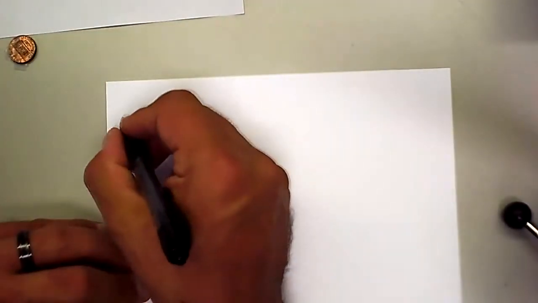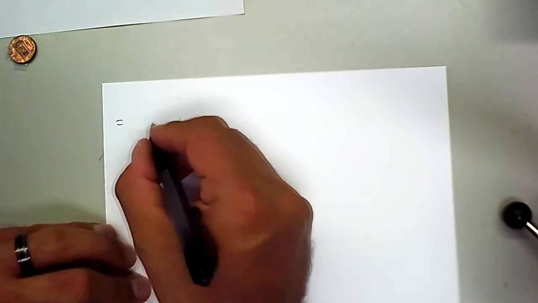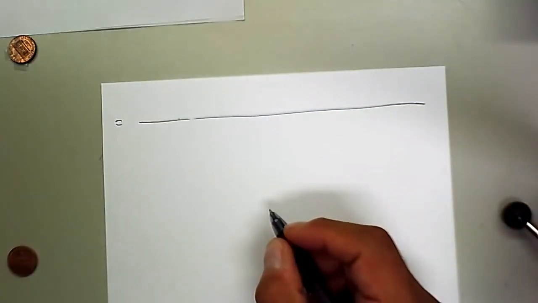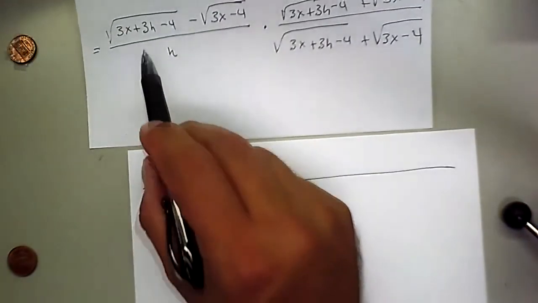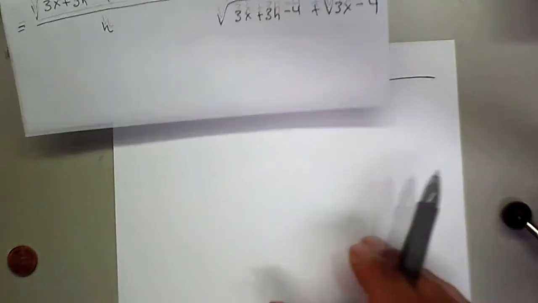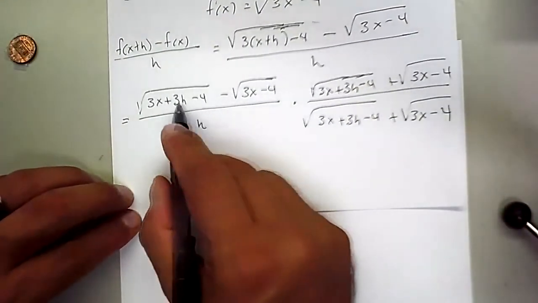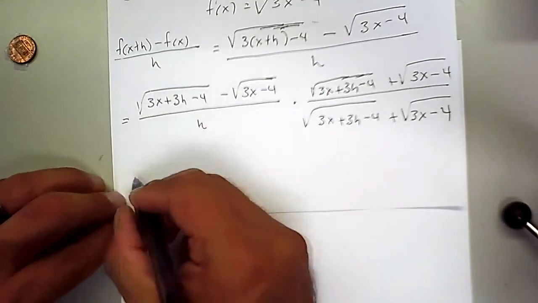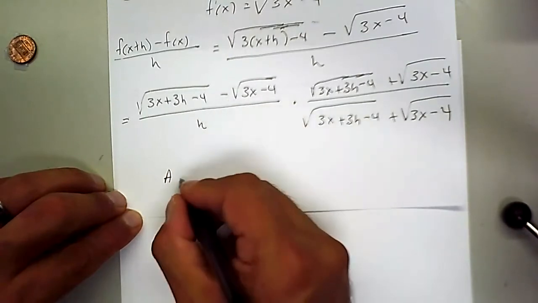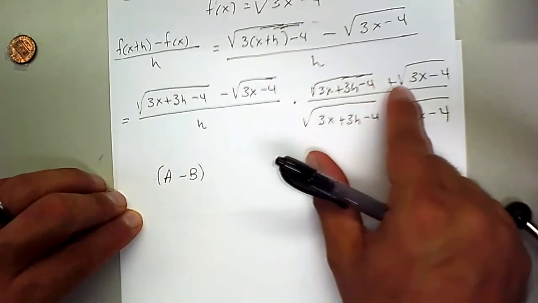Okay, so this is going to be equal to one big fraction. Let me show you the shorter version of this, because I want to skip one step. We have a quantity a, pretend this is a minus b, and this is a plus b.